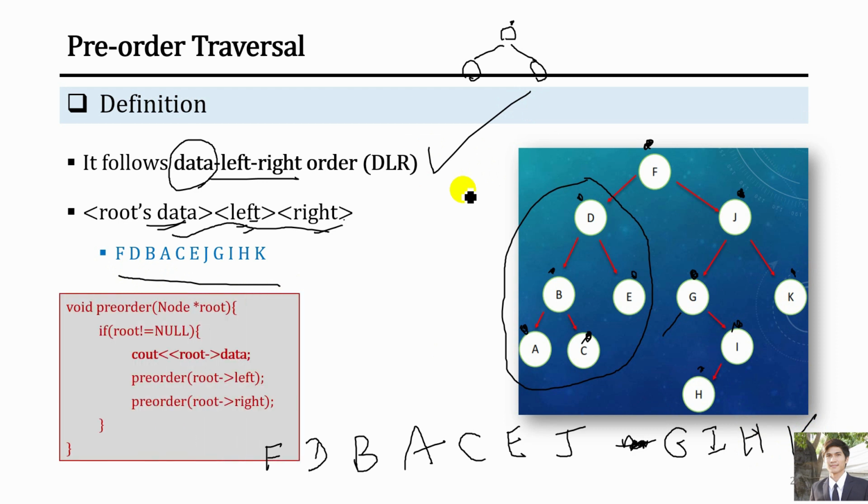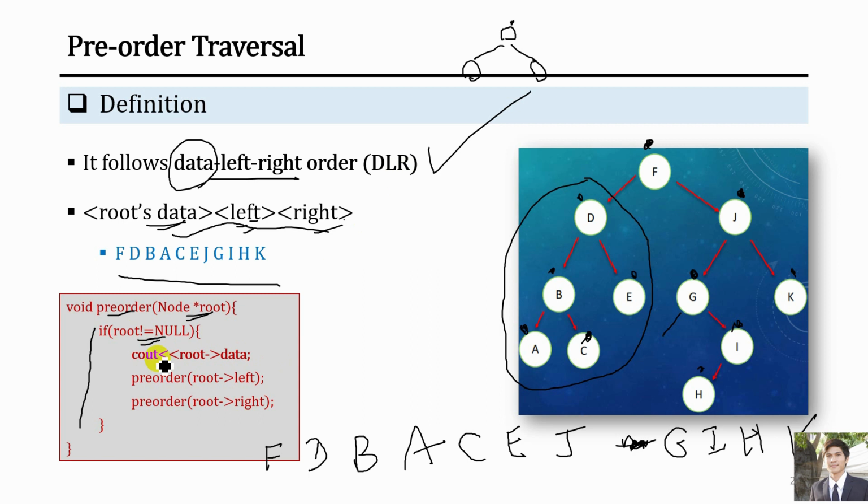To implement this in code is very simple. We create a very short function, maybe 5 lines. We name it preorder, and we must provide the root of the tree. The rule is that we recursively access our data based on data, left, right. We check the condition, looping until nil.